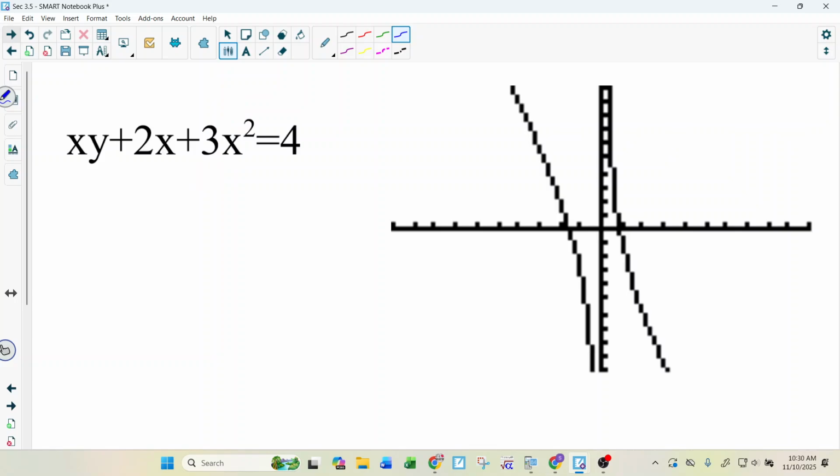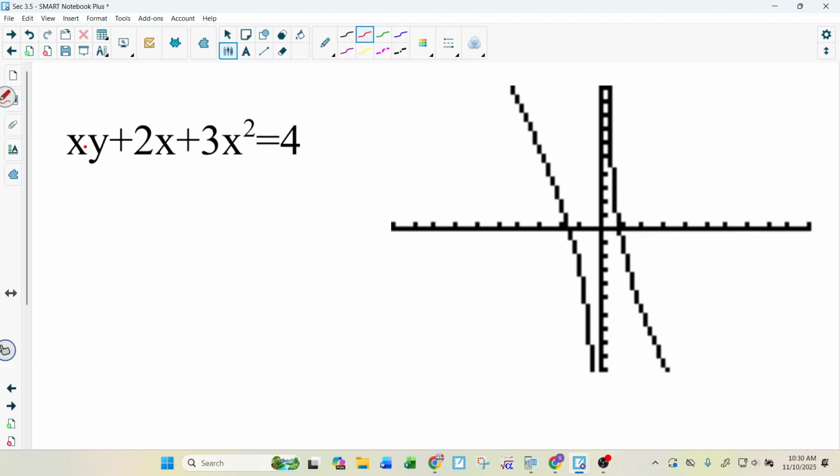Let's look at another one. So there is a graph of that, but let's say we want to find what is dy/dx. So first off, how would you take the derivative of the product of x and y? You have to use product rule. What is your product rule?